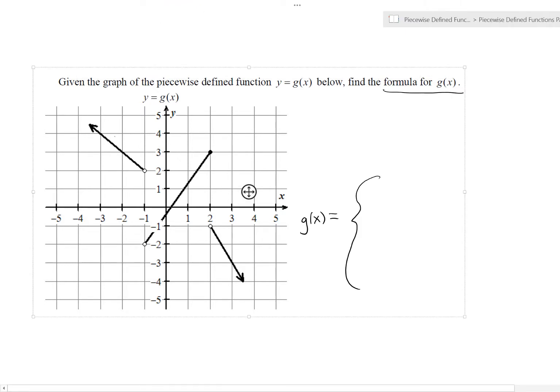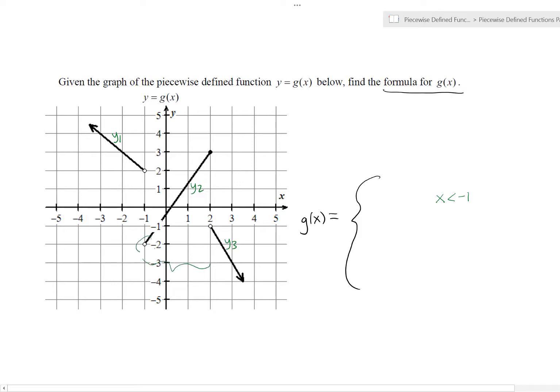I'm going to call the first rule, that line on the left in quadrant 2, y1, the second rule, y2, and the third rule, y3. If you look at y1, it is defined to the left of -1 for x values, so my first rule, y1, is going to be defined for x less than -1. The second rule, y2, is defined between -1 and 2.